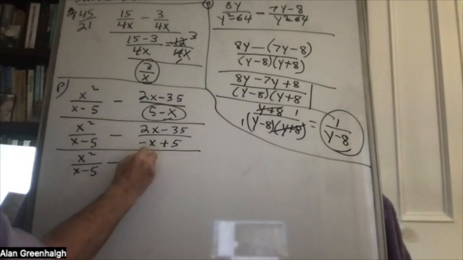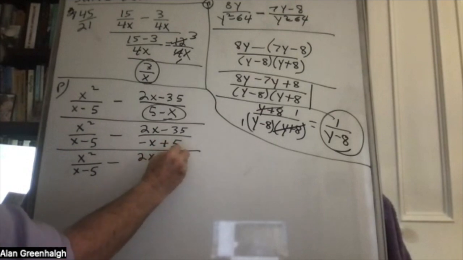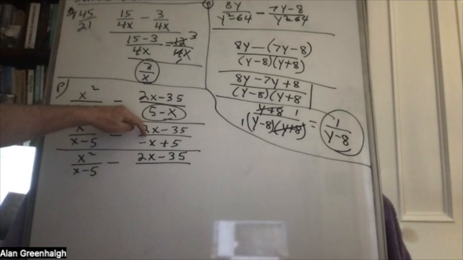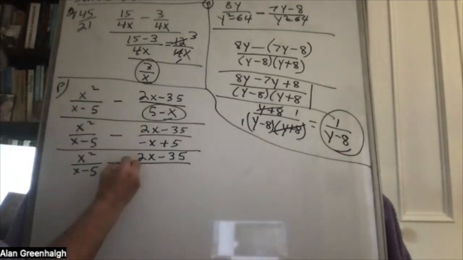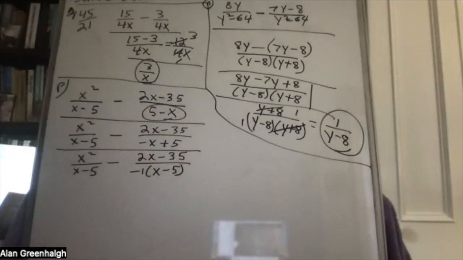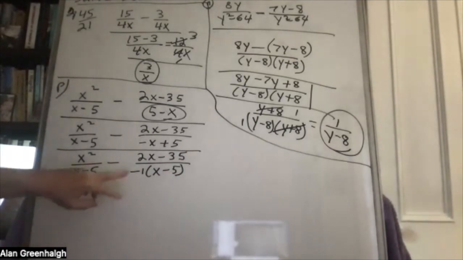Because you get this. Now I'm going to factor out the negative 1 over here, and that'll give you negative 1 times x minus 5. Well, that's great because we just created the same x minus 5 in both places, right? The only trouble is we have a negative over there.